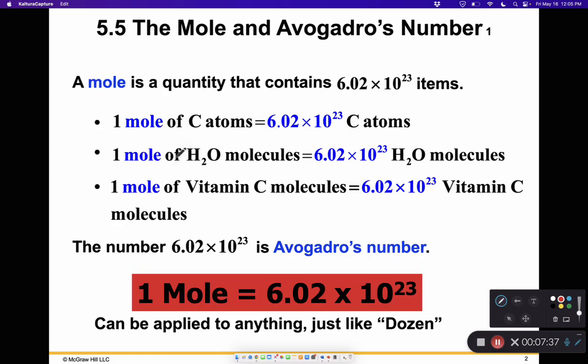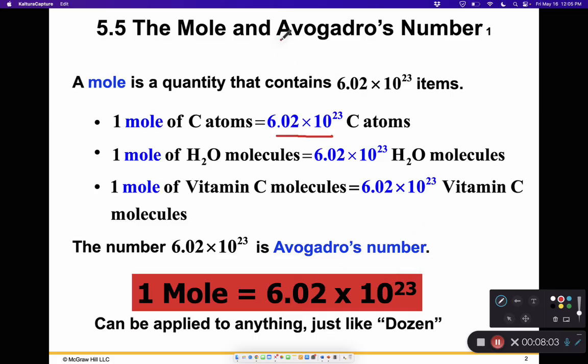Okay, so 1 mole of carbon atoms means 6.02 times 10 to the power 23 carbon atoms. 1 mole of donuts means 6.02 times 10 to the power 23 donuts. So when I say 1 mole of something, I am talking about this huge number of that thing.